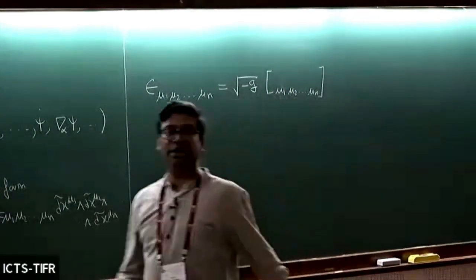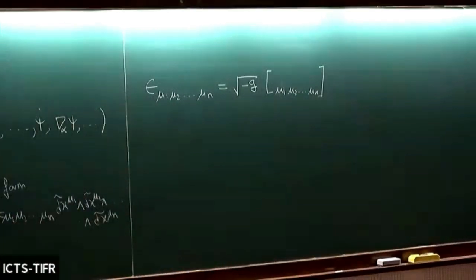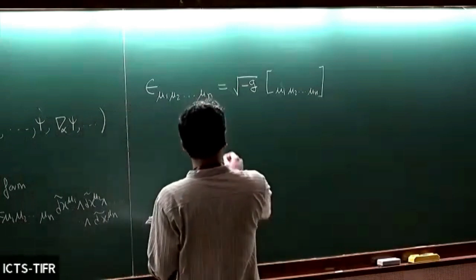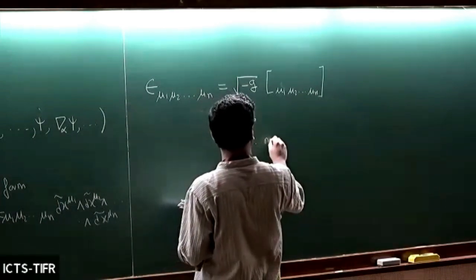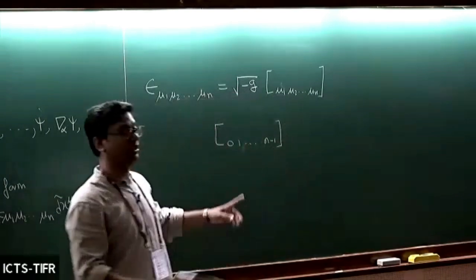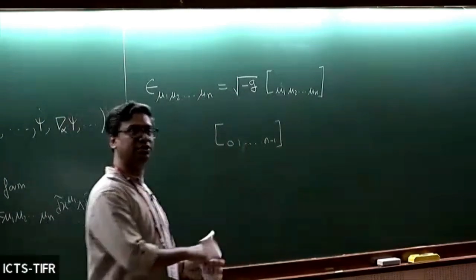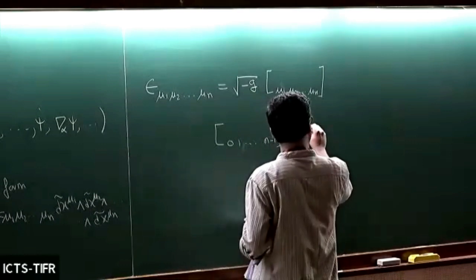This is the n-index Levi-Civita symbol, which is given by this formula: 0, 1, ... n minus 1, because I am in a Lorentzian signature, I start with 0, and this is equal to plus 1.